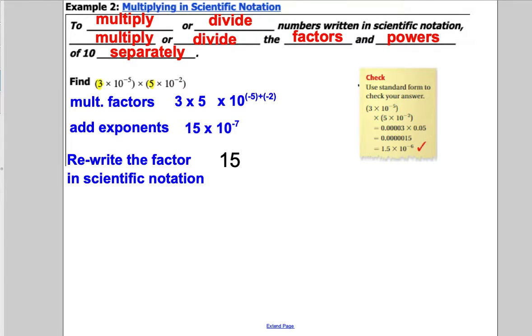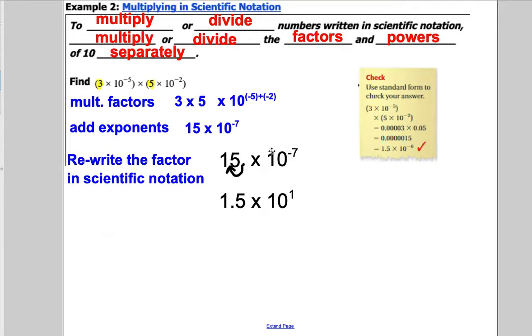In order for it to be less than 10, we know that the decimal point is located here in the number 15, and we need to move it between the 1 and the 5. When I move the decimal point one place like that, I can now rewrite this as 1.5 times 10 to the first power. I moved it one place. That first power came from the one decimal place that I moved my factor.